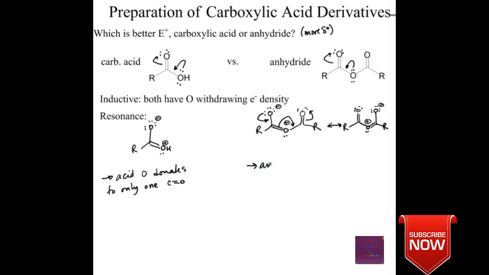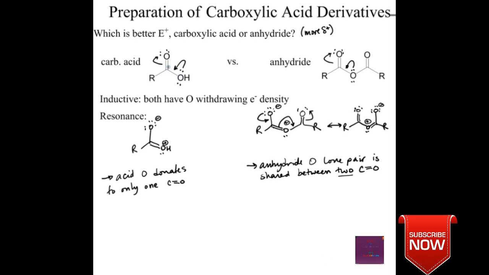The anhydride oxygen lone pair is shared between two oxygens. I'm sorry, between two carbonyls and onto two oxygens. Okay, so what does that do to being more electron rich, more electron deficient?